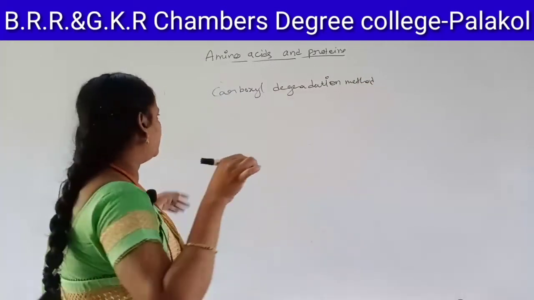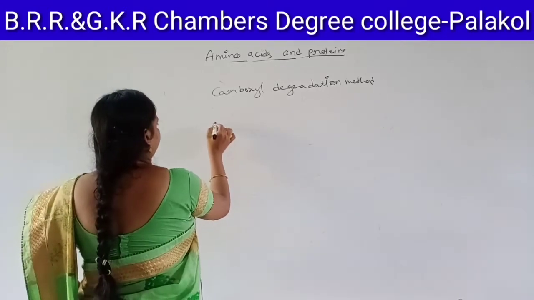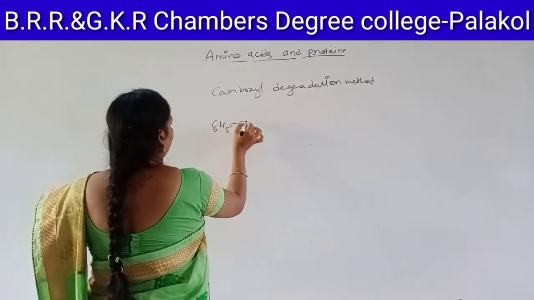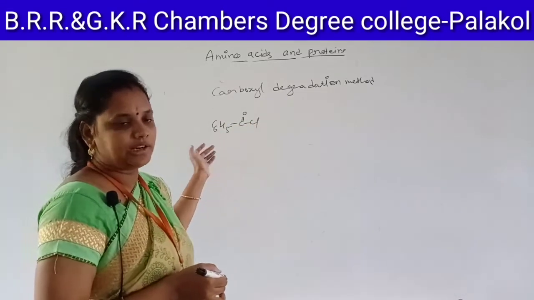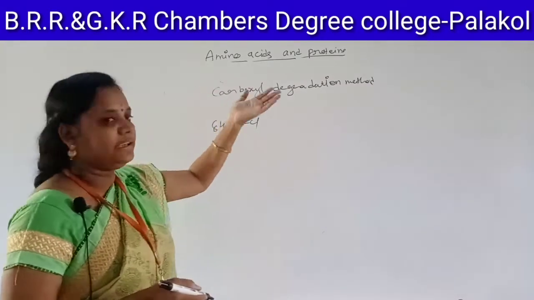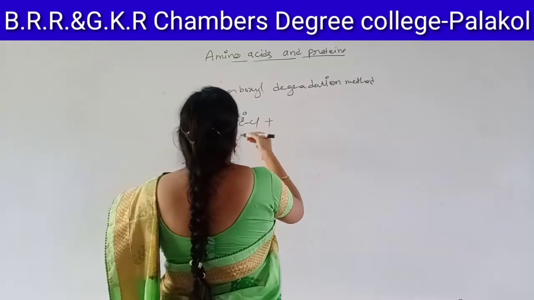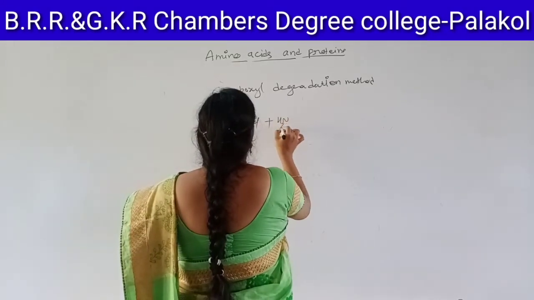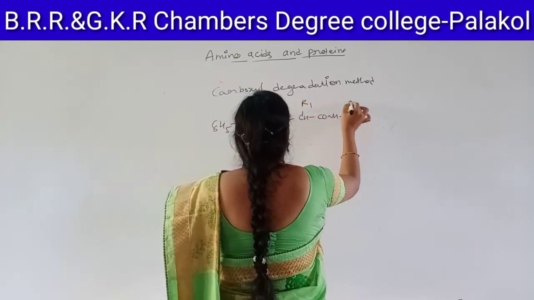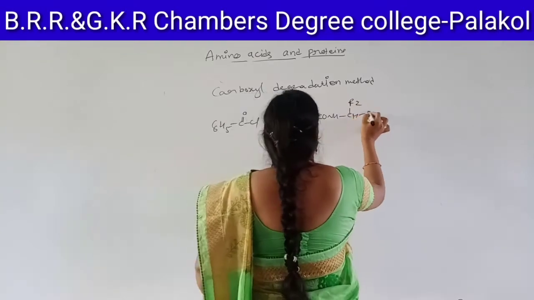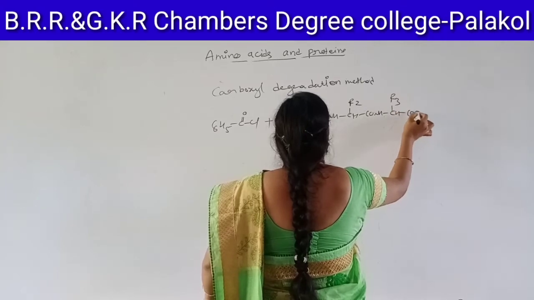Carboxyl degradation method. What happens here? For example, let us take a polypeptide chain. To that we add C6H5C double bond OCl, benzoyl chloride. We use benzoyl chloride in carboxyl degradation method. So, let me take a polypeptide chain NH2CHR1CONHCHR2CONHCHR3COOH.